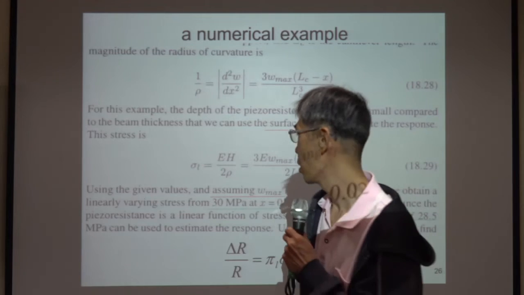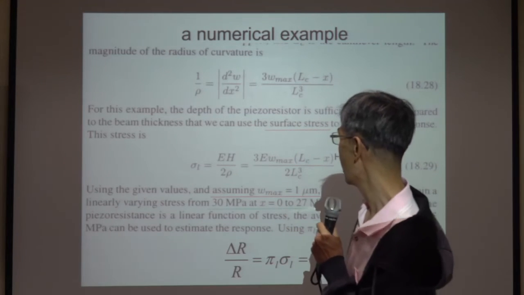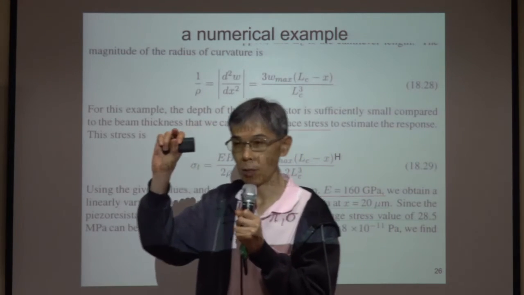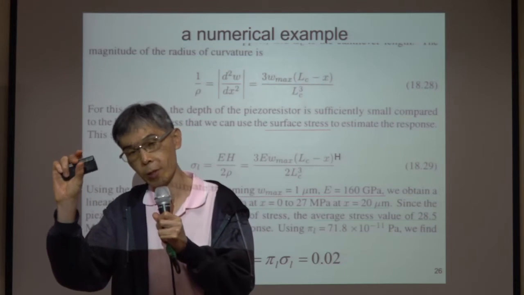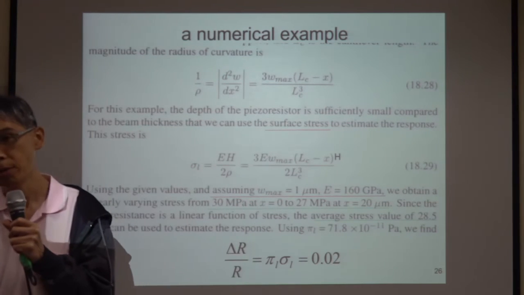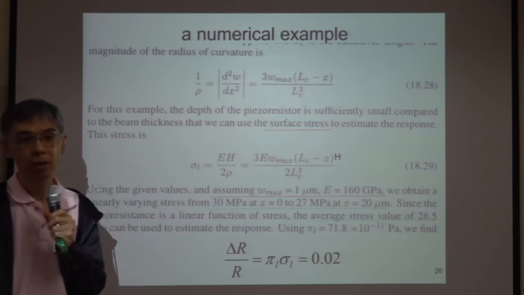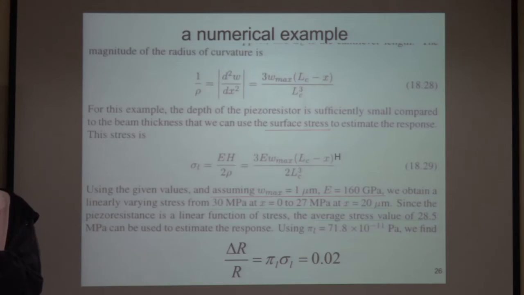Microphone on. Okay, then because the thickness of 0.2 micro for the piezoresistor is small compared to the whole thickness, we can take only the surface stress as the stress of the piezoresistor.